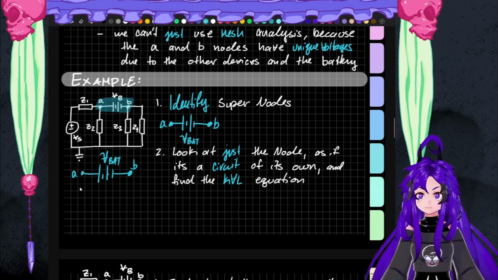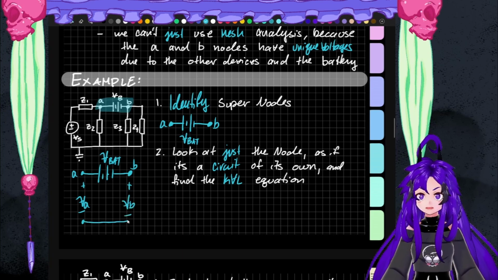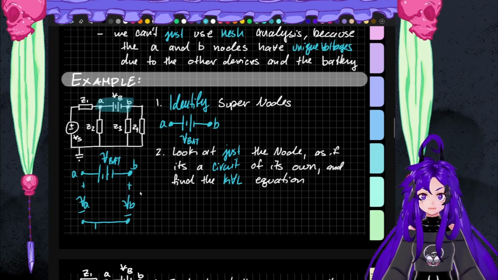And then, because we know that there's a voltage at A, there's going to be plus minus VA. And same here, right? There's a unique voltage at B, so we're going to get plus VB minus, and we're going to connect it like it's a circuit. We're just going to pretend this is a circuit.